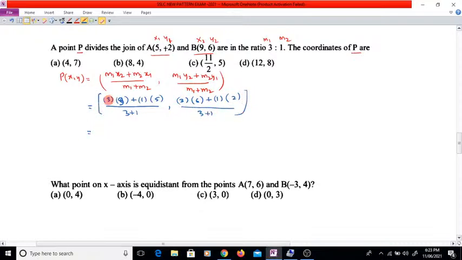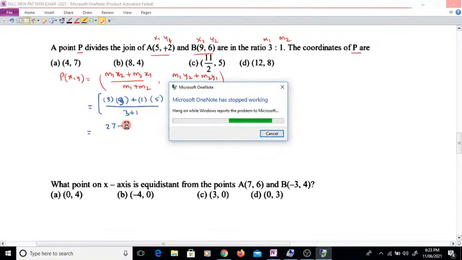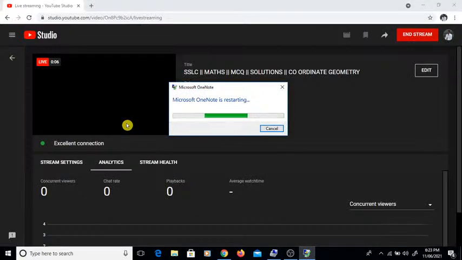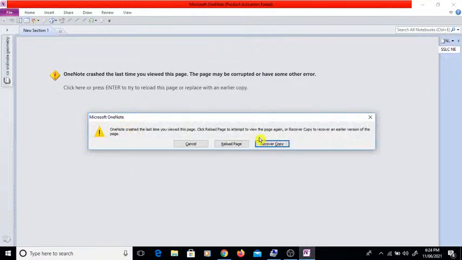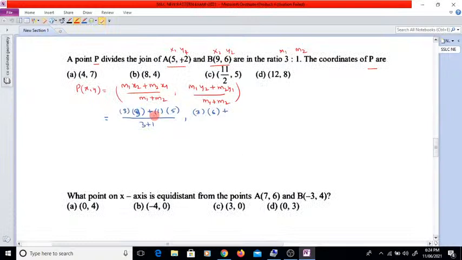Now we have to multiply these terms. 3 nines are 27 plus 5 ones are 5, divided by 3 plus 1 is 4.